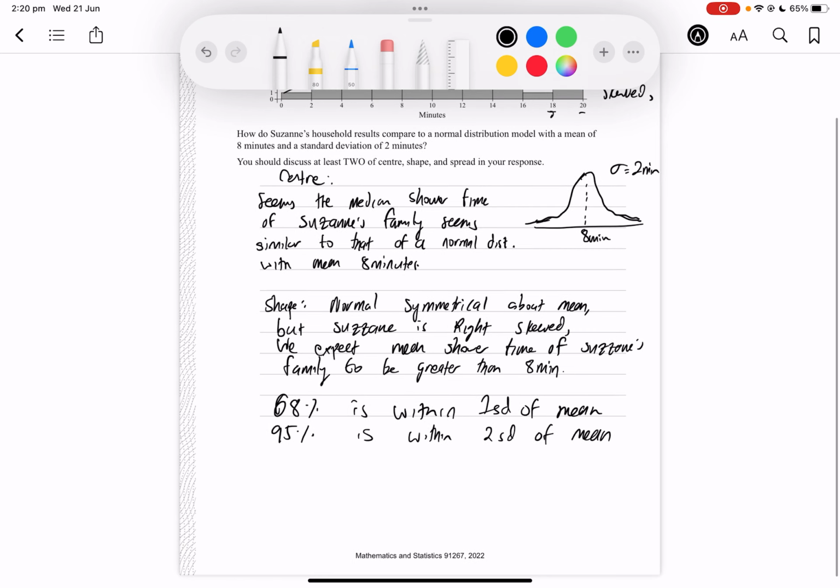And 99.7% is within 3 standard deviations of the mean.